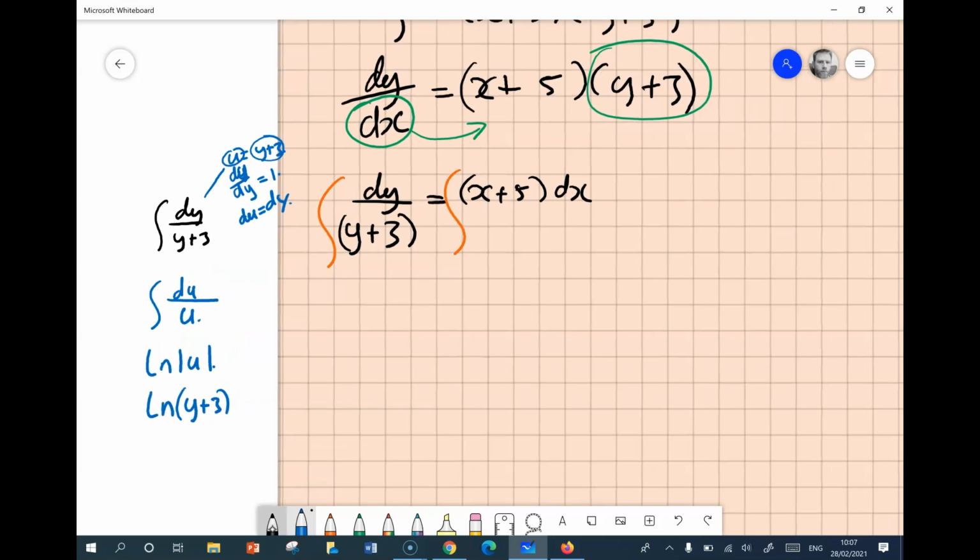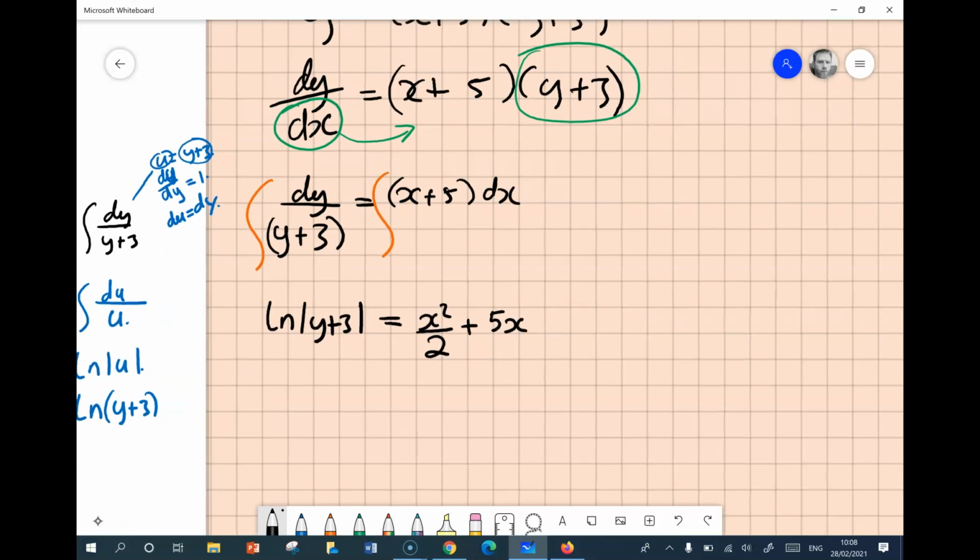So on the left hand side here, through my substitution, I can see that the integral of that is just the natural log of y plus 3. And on the right hand side, x squared over 2 plus 5x. And I'm just going to still keep my c till I have everything sorted out a bit more, till I'm ready to go.